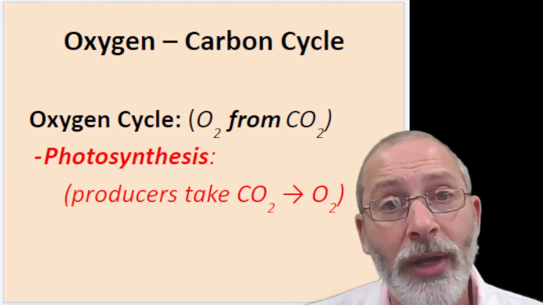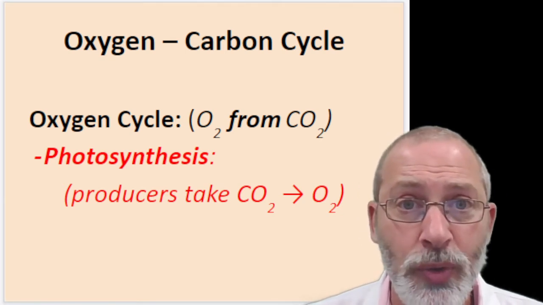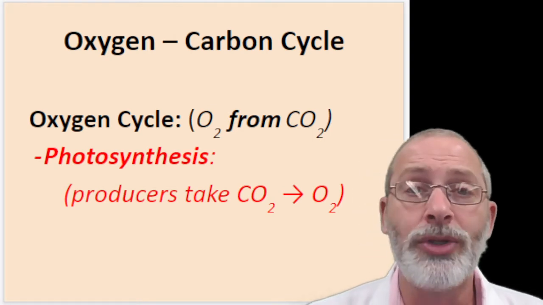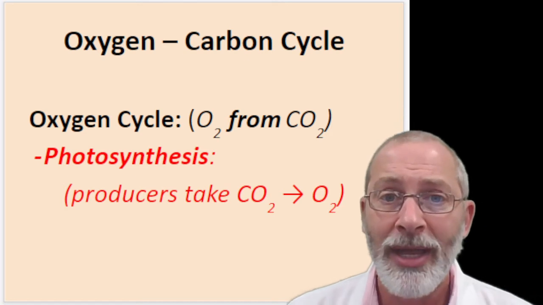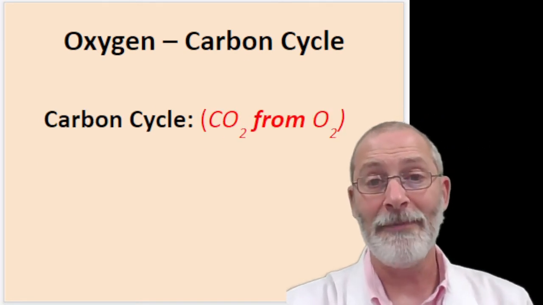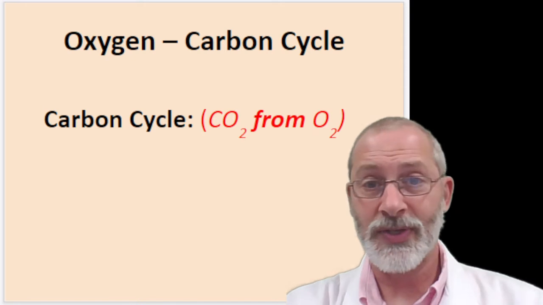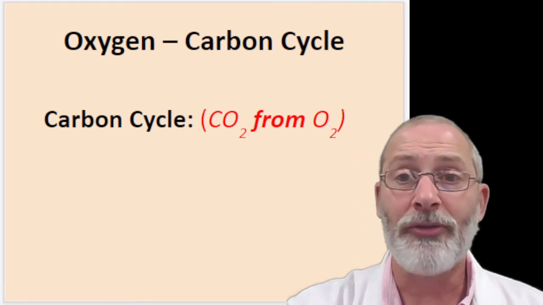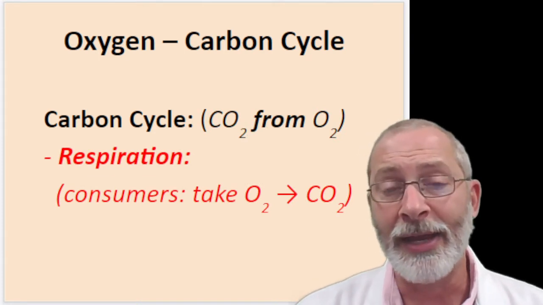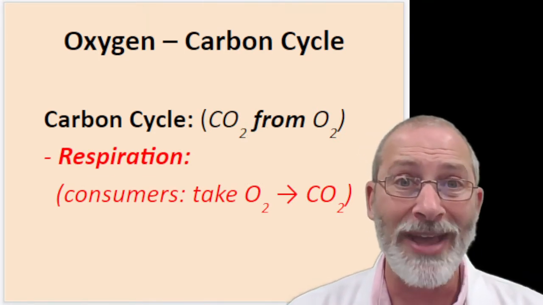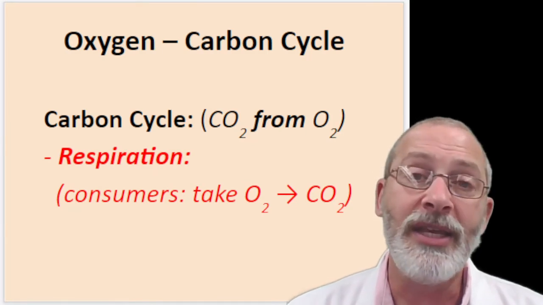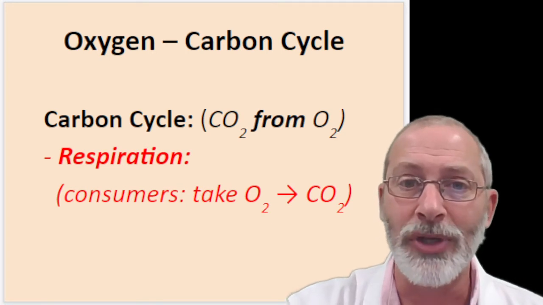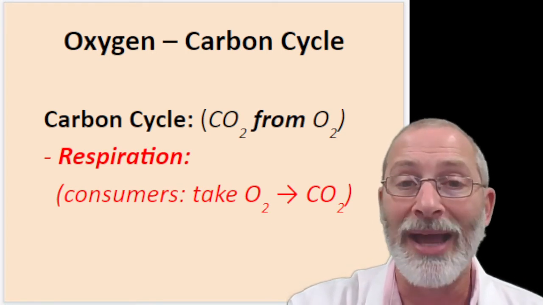Photosynthesis is what autotrophs or plants do, and these plants take the carbon dioxide in order to produce oxygen, and the opposite of that is the carbon cycle, where carbon dioxide is produced from oxygen. And consumers undergo respiration, and we take the oxygen and we produce carbon dioxide as a result. And that would be the byproduct.